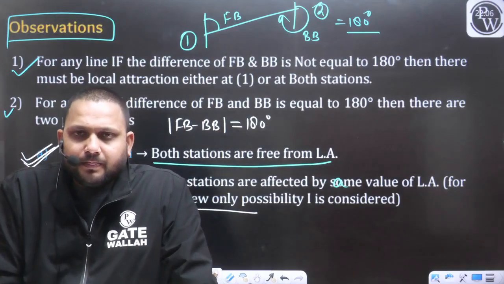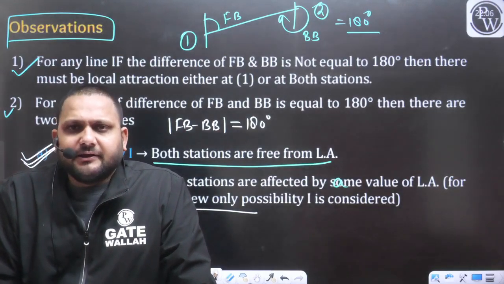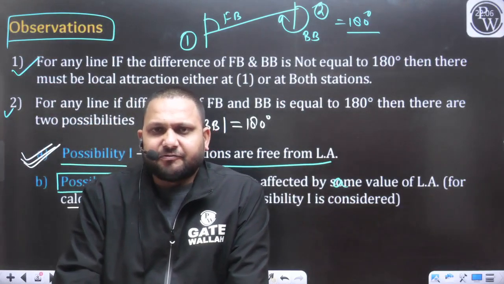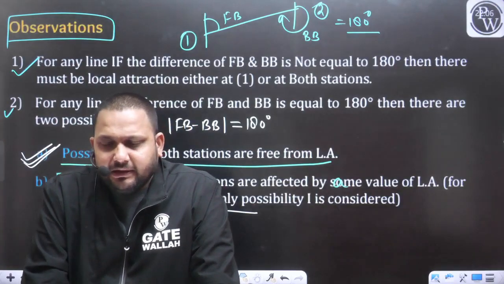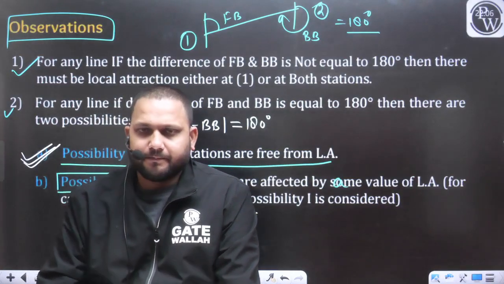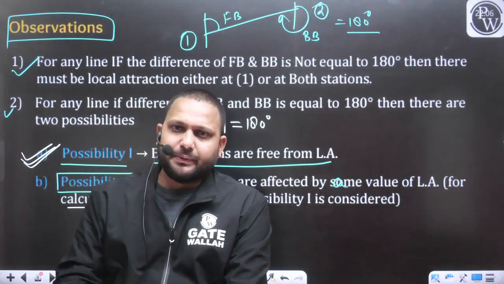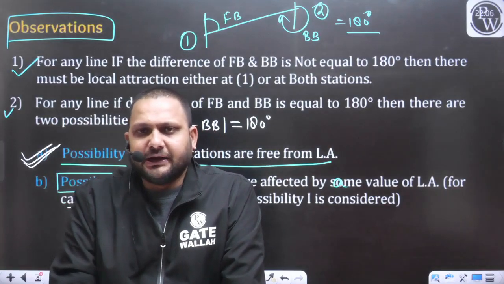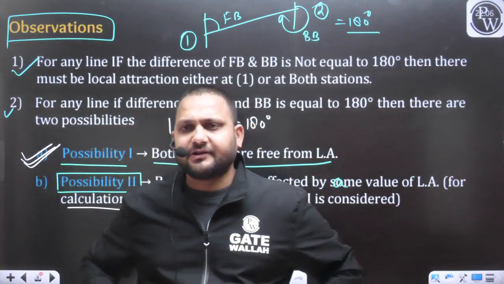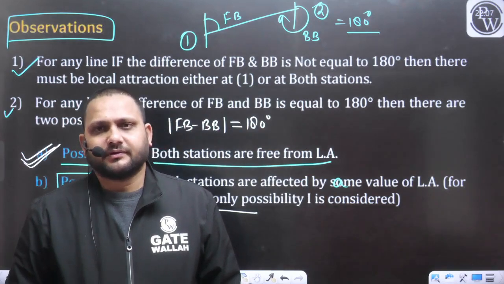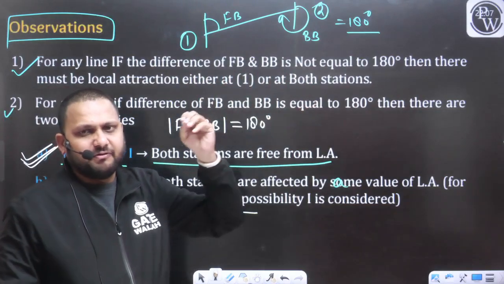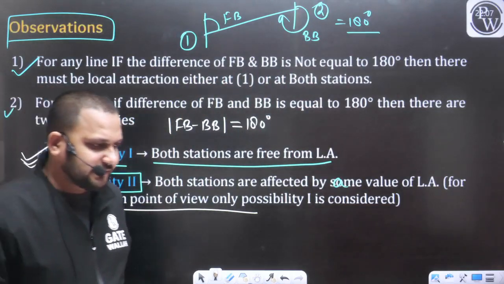If for any line the difference of the fore bearing and back bearing is not equal to 180 degrees, we will simply say there is error due to local attraction.